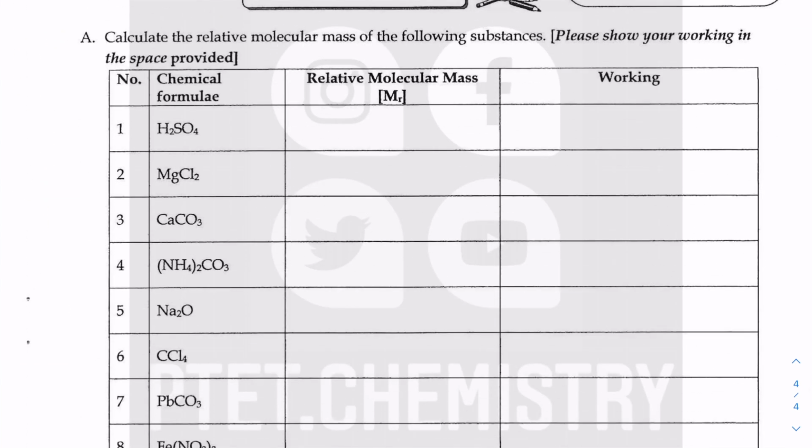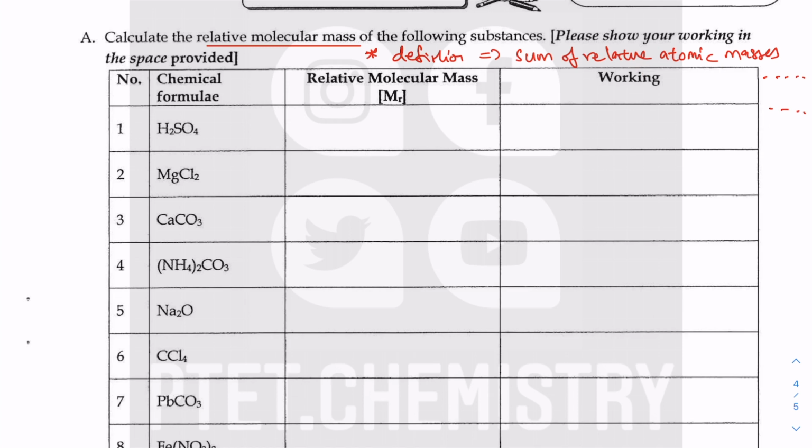On to the next bit of the exercise, we need to calculate relative molecular masses. Relative molecular mass has a definition: it is the sum of relative atomic masses. It's the sum of the relative atomic mass, which is given in the data booklet.